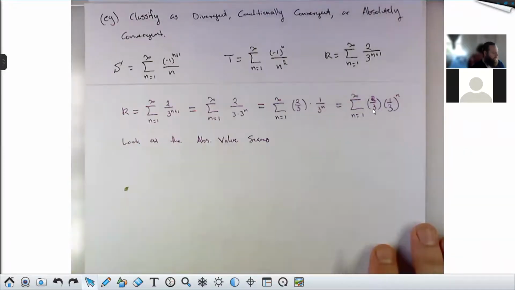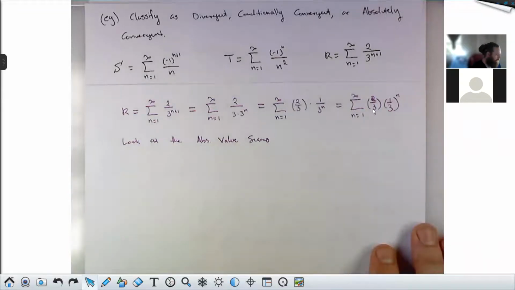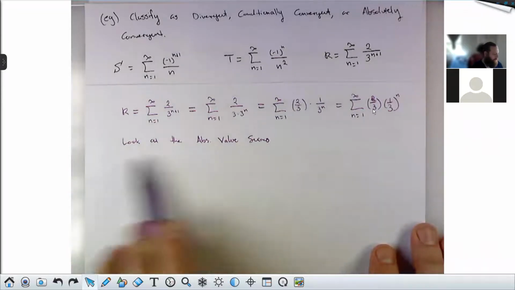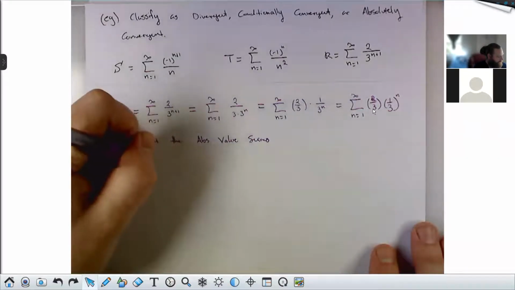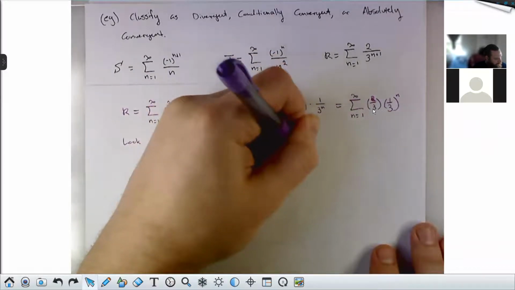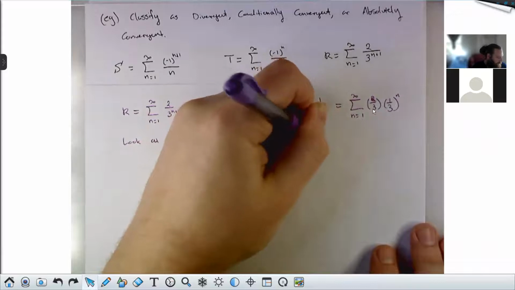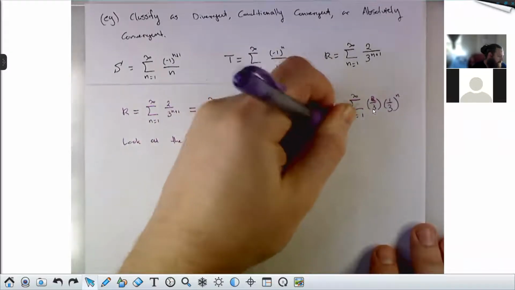Now it's important to note that the absolute value series is not equal to the original series. So you wouldn't put an equal sign between these things. And that's why I'm writing this, to say, okay, we're going to look at another related series instead. Look at the absolute value series. Sigma n from 1 to infinity, absolute value of 2/3 times 1/3 to the n.